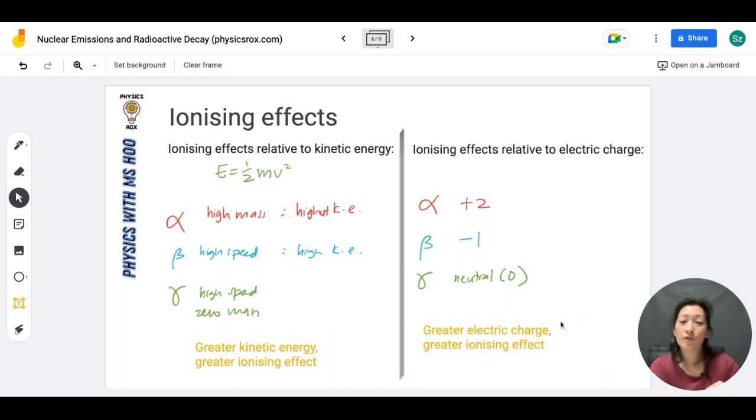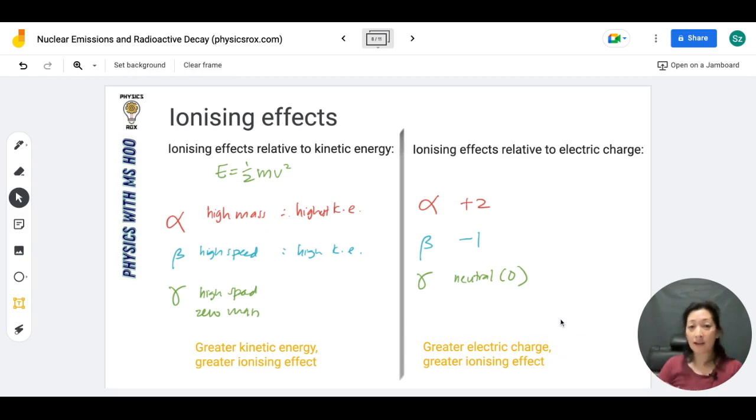And if we relate this to what we've just learned about ionizing, because alpha is positively charged, it's able to attract the electron out of the shell more easily. And because it's got a greater charge, positive 2, even stronger pull. Compared to beta, negative 1, it could probably repel, but because its charge is lower, the repulsion force is a little bit less. So that's also how the electric charge is related to the ionizing effect.